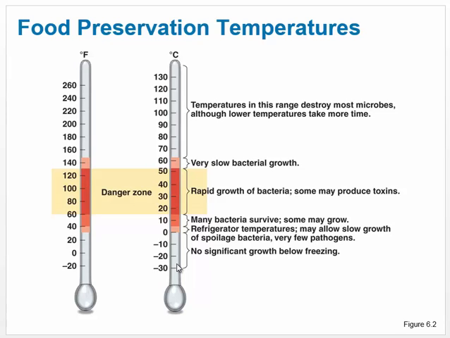So when you take food out of the freezer and leave it on the counter to thaw out, to defrost, those bacteria can start growing again as the food warms up to room temperature.